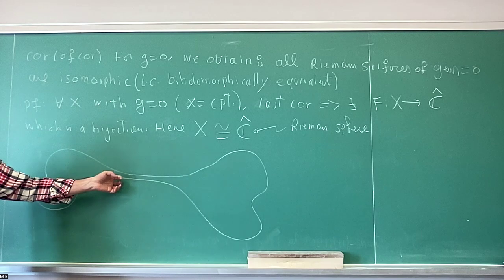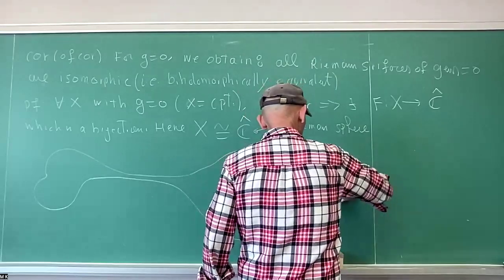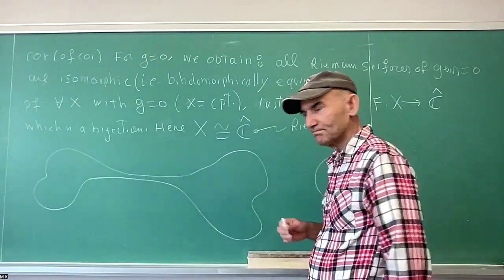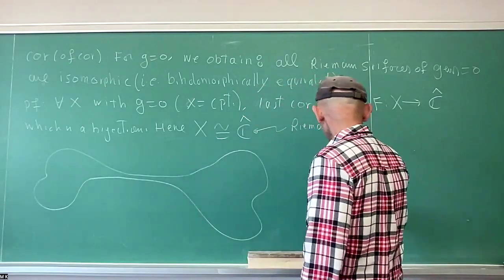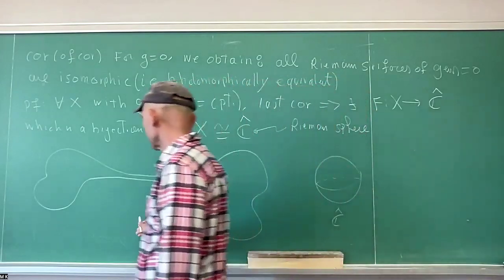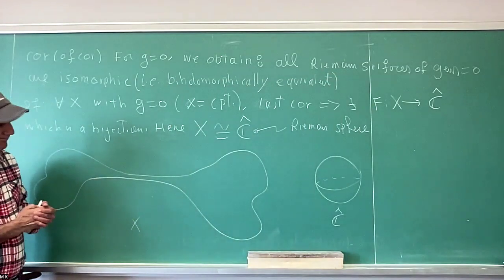So we are going back to the first lecture now. There's a Riemann surface, and then you can take this one, which is the picture we all have of the Riemann sphere. So this is C hat, and this is X. Topologically, this is genus 0.